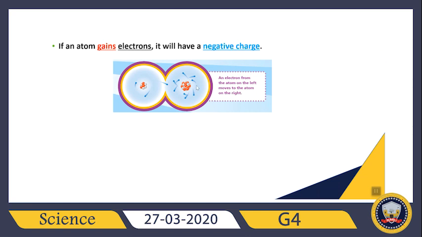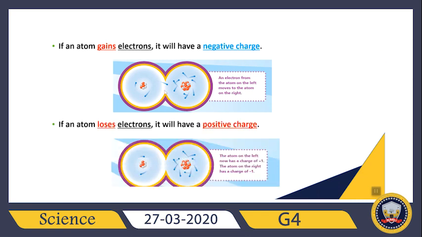So in this case, an electron from the atom on the left moves to the atom on the right. Again, what happens to the atom on the right? It becomes negative. It's not neutral anymore because the atom gains an electron, so it has a negative charge. What about the other one on the left side?